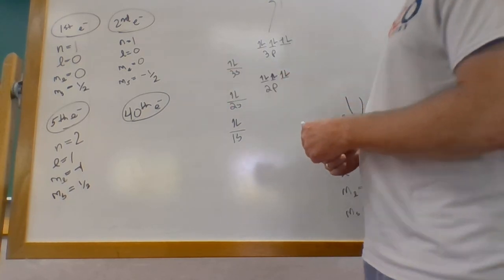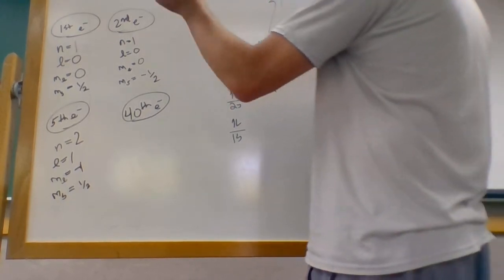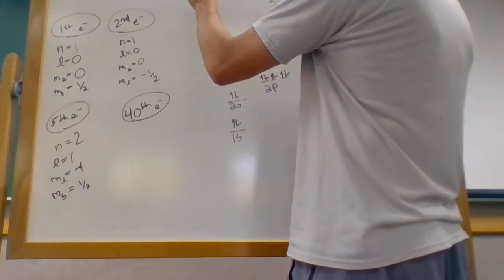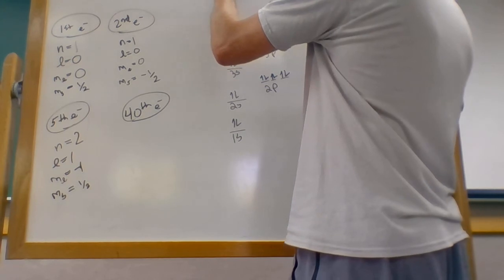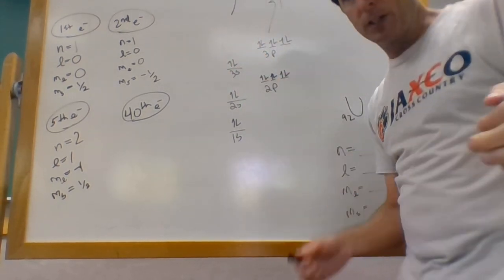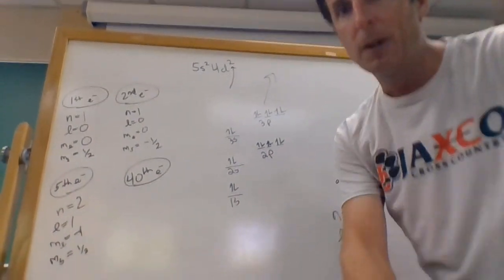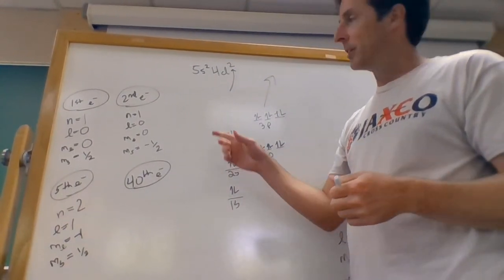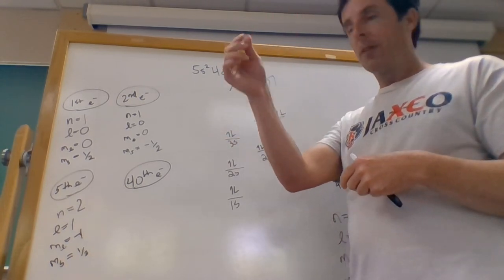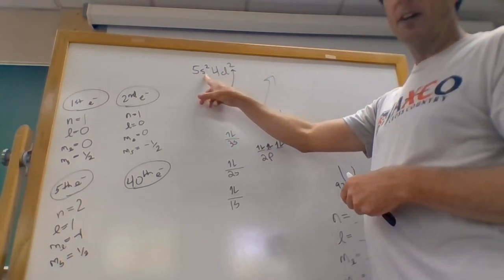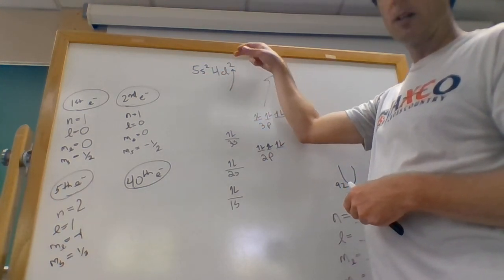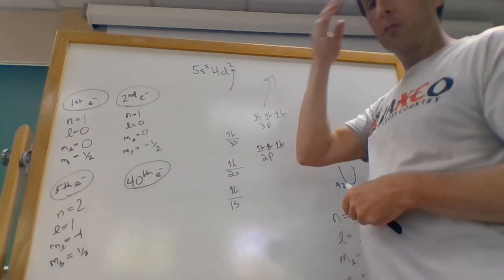So in the 5th row, I'm going to be doing 5s2 and then 4d2. That's where I get to if I'm writing my configuration. If I'm writing my configuration of zirconium, when I get to number 40, I've put 2 electrons in the 5s orbital, and then I put the next 2 in the 4d orbital, and that's where number 40 is. So I'm going to write the quantum numbers for that.